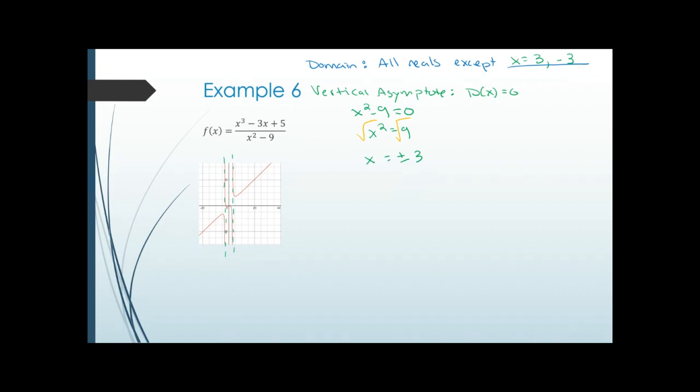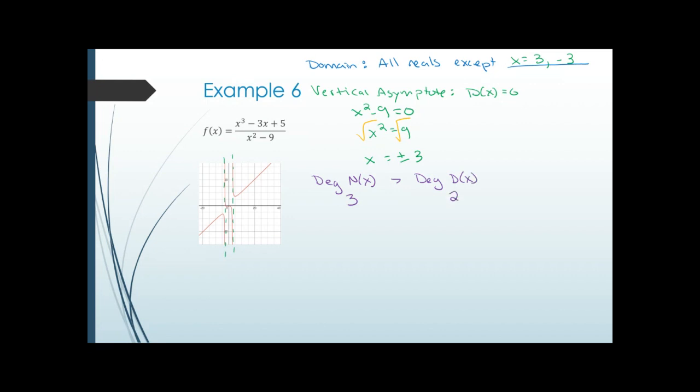Now we have a slant asymptote, and in this case we have to do long division because our denominator is not linear, it's quadratic. The degree of the numerator is 3, and that is greater than the degree of the denominator, which is 2.